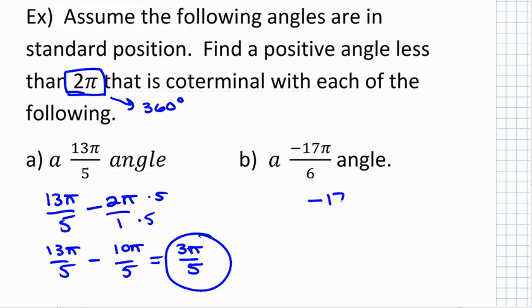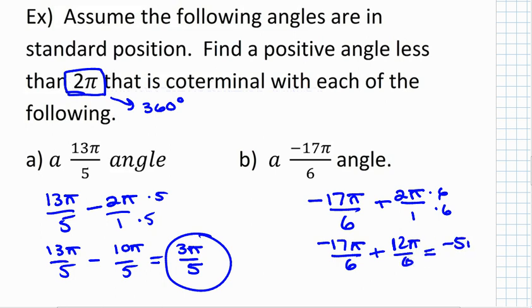Likewise here, we get negative 17 pi over 6. So whenever it's negative, to get it to be positive, we're going to add 2 pi. Well, when we add 2 pi, remember getting a common denominator, so we multiply by 6, so we get 12 pi over 6.